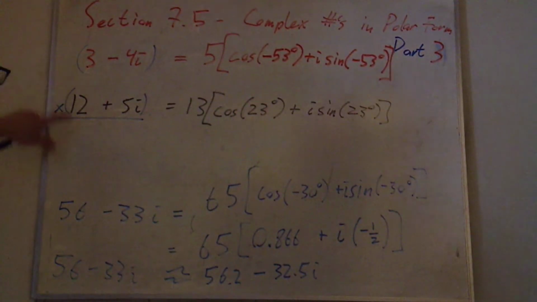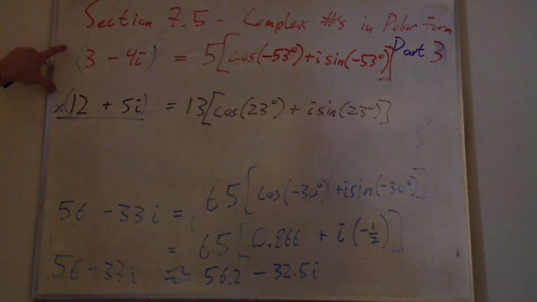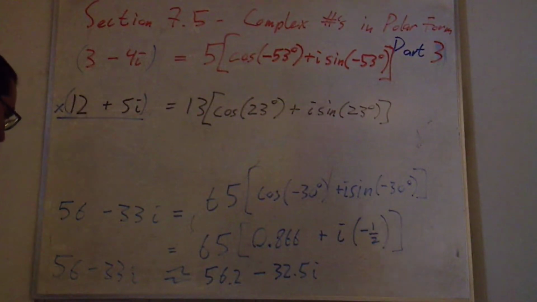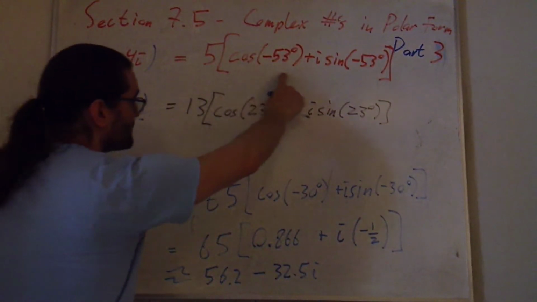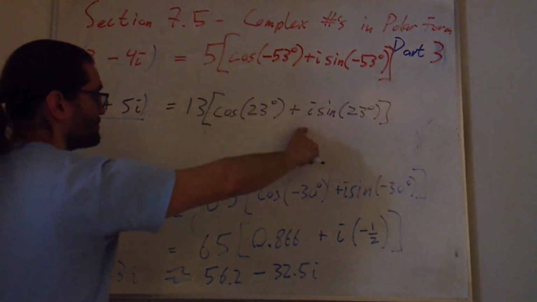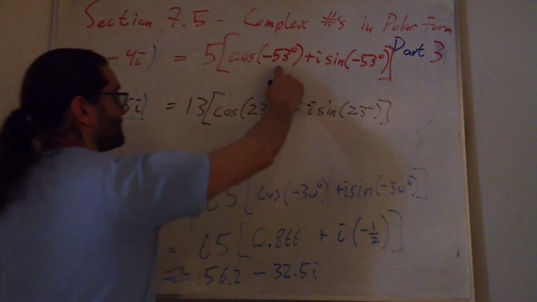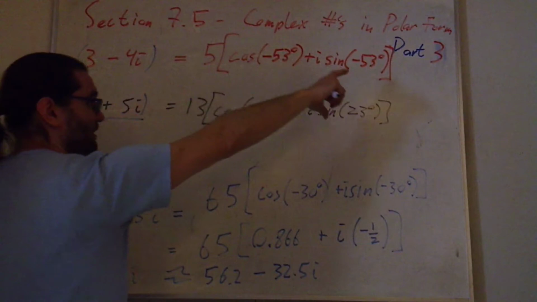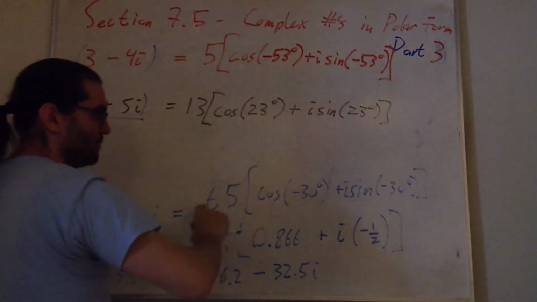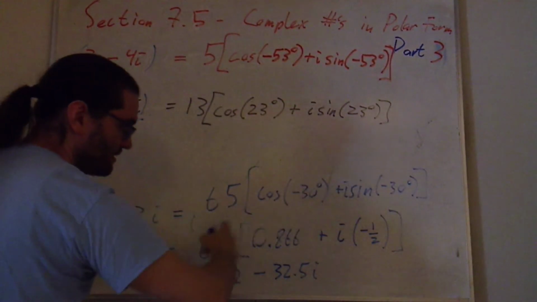I can do it using FOIL on the rectangular method. I get 56 minus 33i. This is the exact answer. If I do approximate polar versions, these are already approximate because these angles are rounded. If I do approximate polar versions and then multiply those using de Moivre's theorem, I get this.